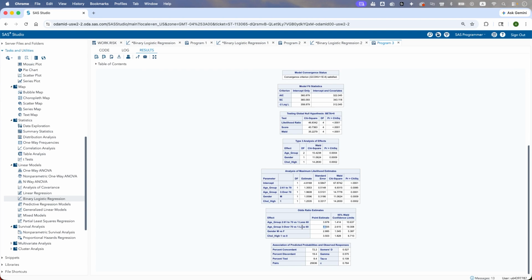For male and female, we talked about this. Men are about 2.9 times more likely to have a heart attack than women. And the last one is people with high cholesterol versus the normal. Remember, 0 is normal. People with high cholesterol are about 3.5 times more likely to have a heart attack than those with normal cholesterol. And this model is really good.